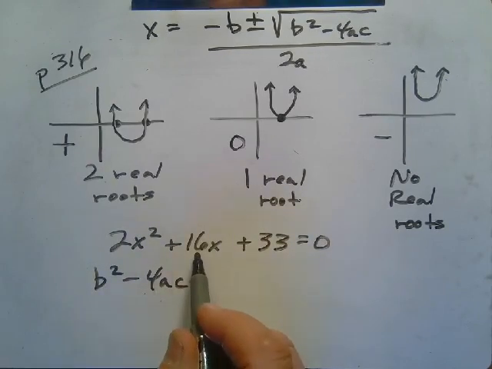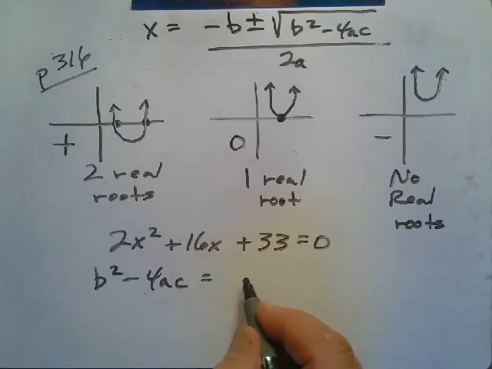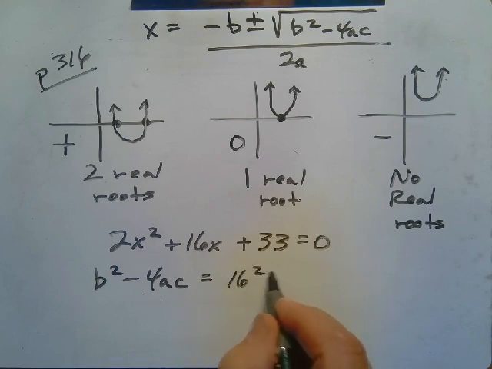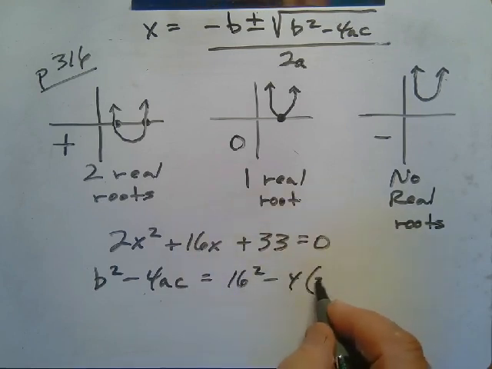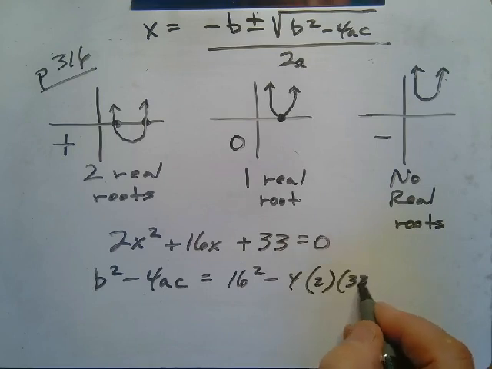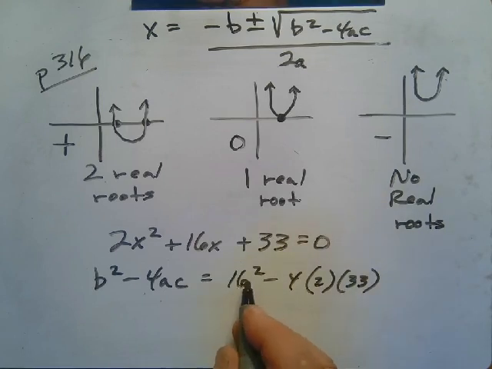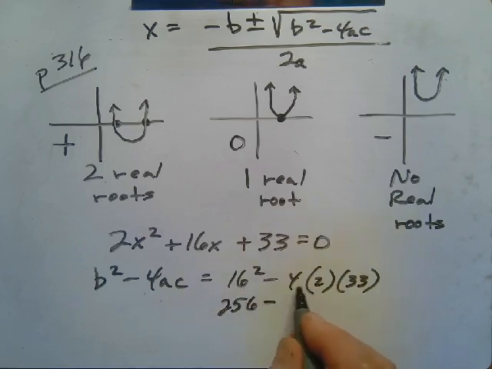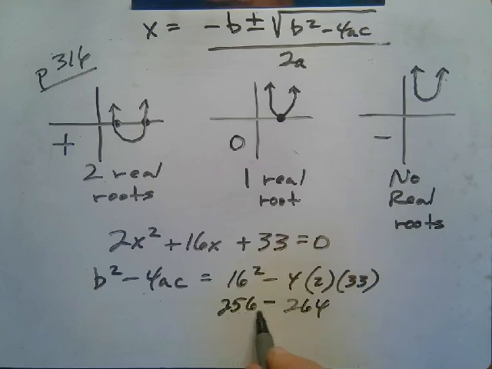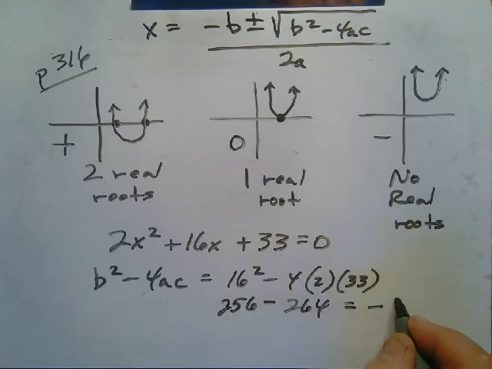B squared, well, 16 squared minus 4 times a times c. 16 squared is 256 minus, this is 66 times 4, 264. 256 minus 264, that's a negative number, negative 8.